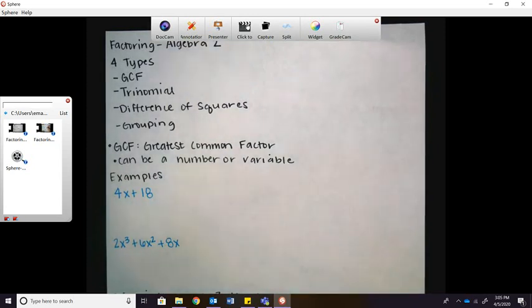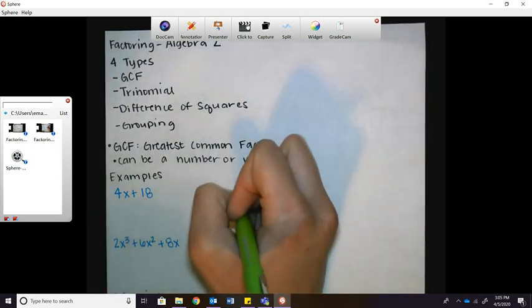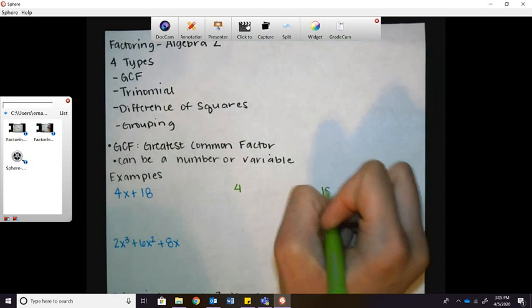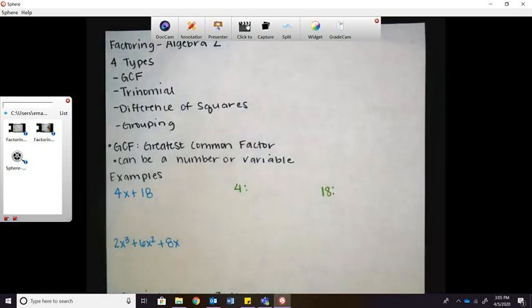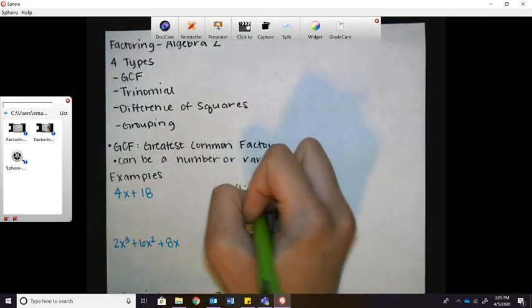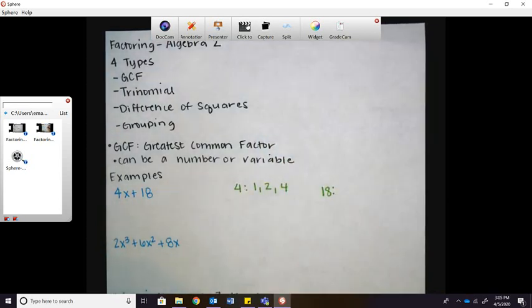Greatest common factor can be a number or a variable. We have 2 examples here. I'm going to start by looking at my numbers. I have the numbers 4 and 18. So I'm going to list out the things that multiply to 4 and 18 because those are factors. 1, 2, and 4 all multiply to make 4.